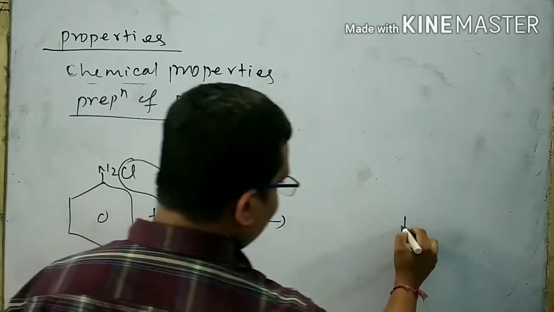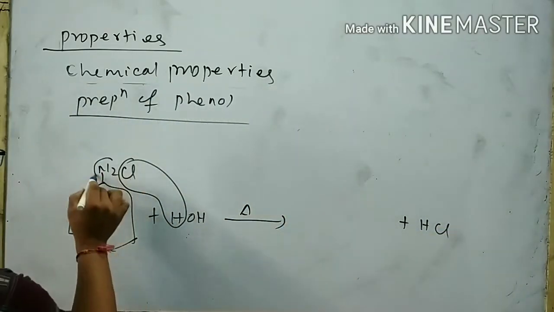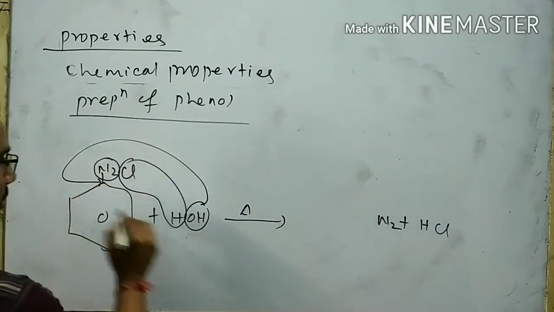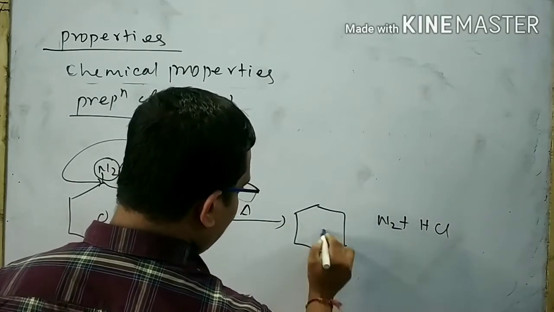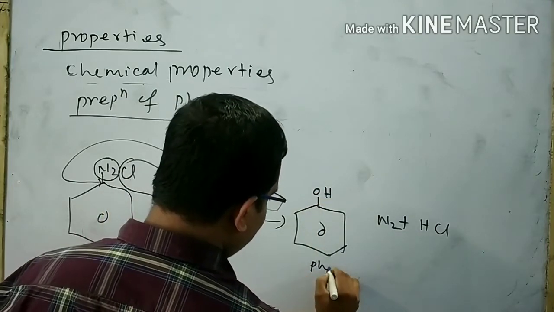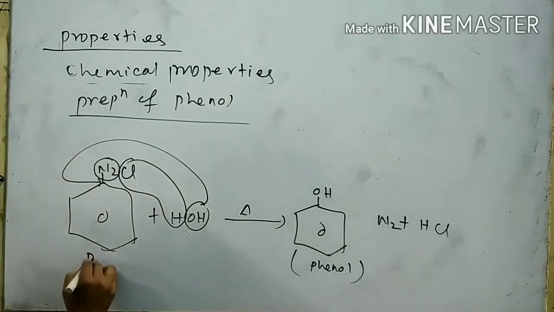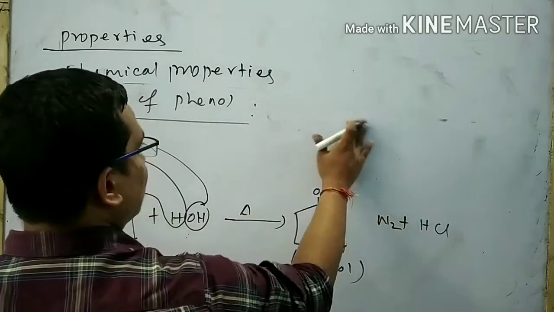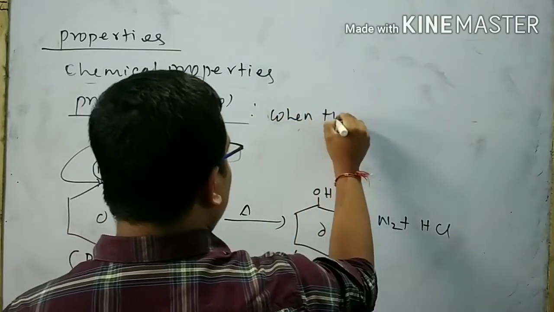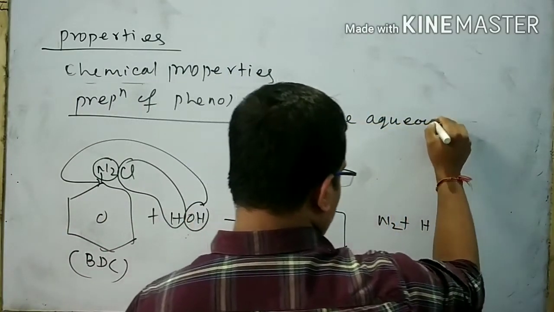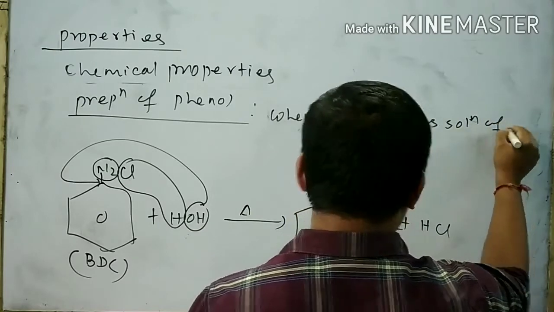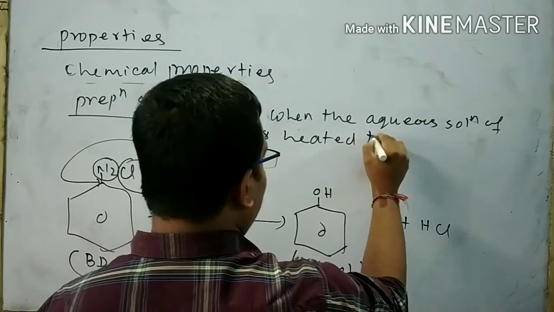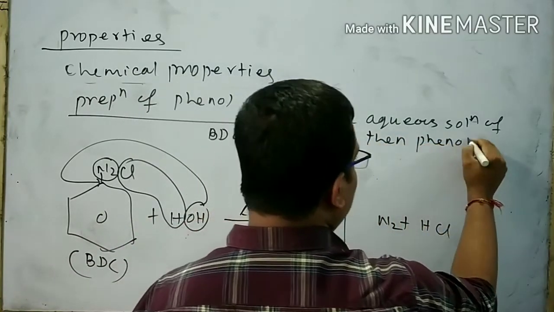Here the byproduct is your HCl, and another byproduct is your nitrogen, and this part will attach here to form the phenol. That is said to be phenol. This is said to be BTC. For this reaction, we can write a statement. When the aqueous solution of BTC is heated, then phenol is formed.